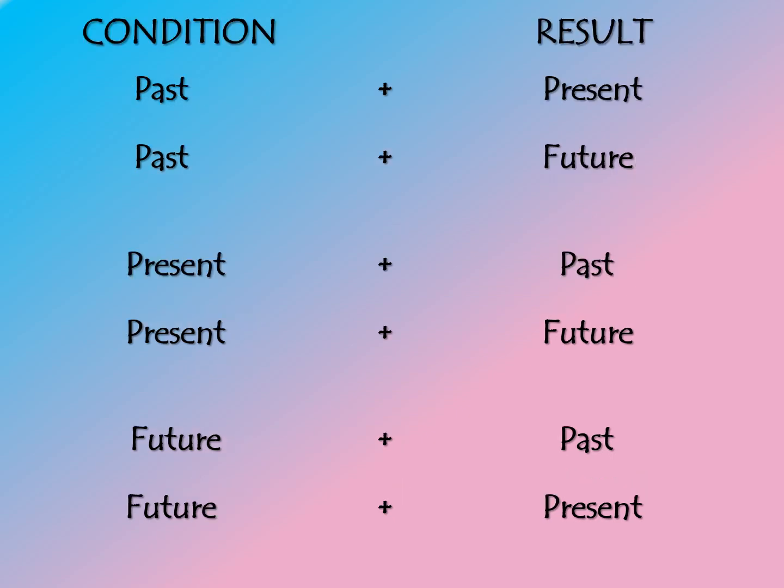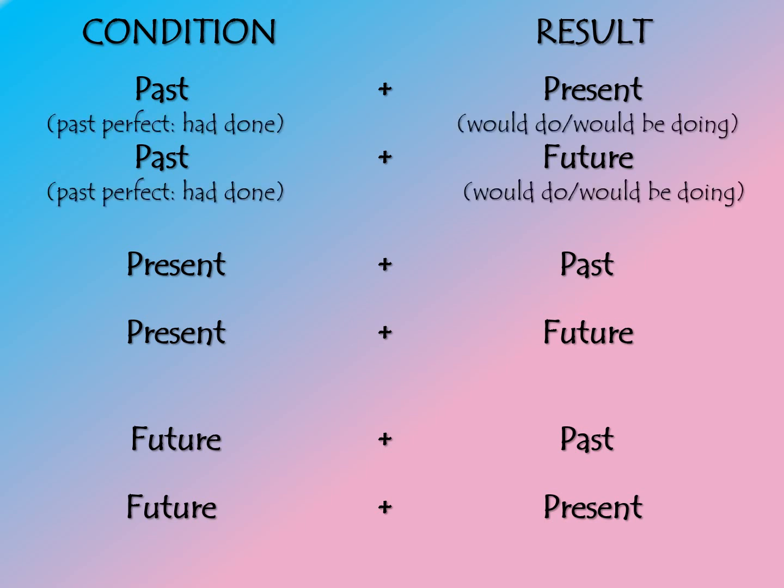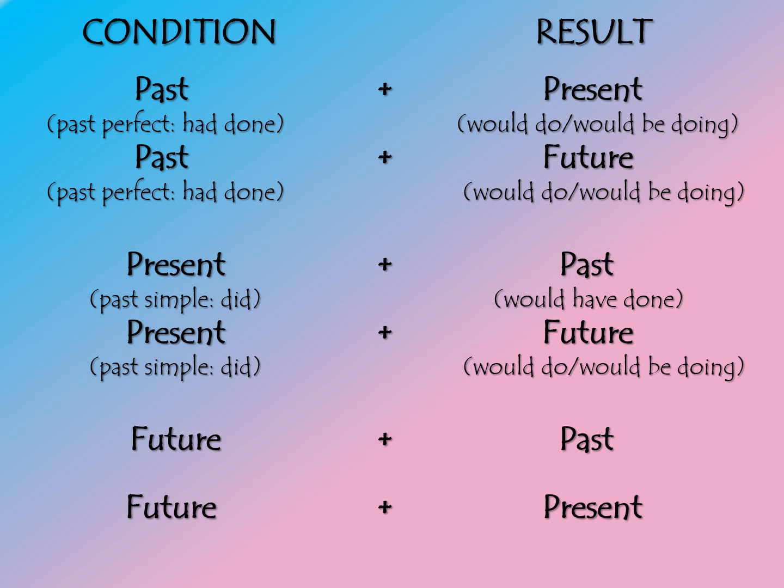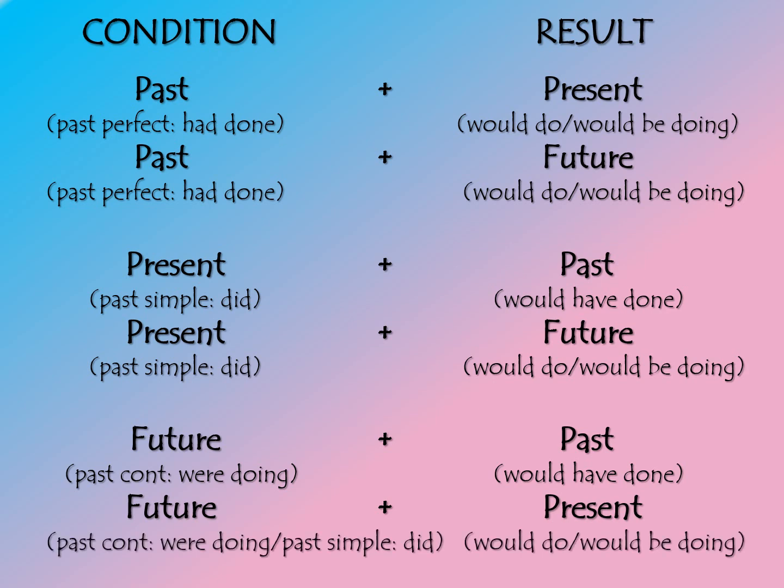Okay, the next thing we will do is to insert the possible verb tenses into these combinations. Watch carefully. Look at the screen for a while and analyze it. There are patterns that will help you remember.